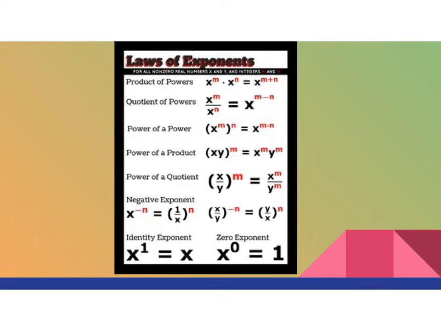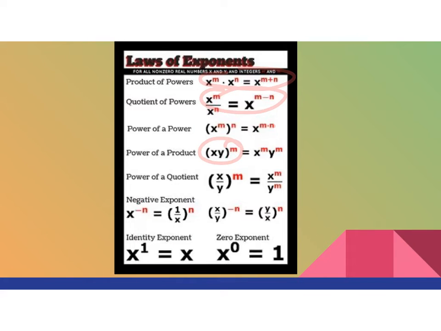Here are the laws of the exponents. Product of a power, quotient of a power. Remember, this one we're covering today, and this, okay? This one is distribution, power of power. Power of a product is distribution. This one we're just multiplying our exponents together.